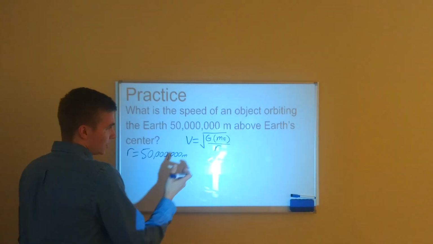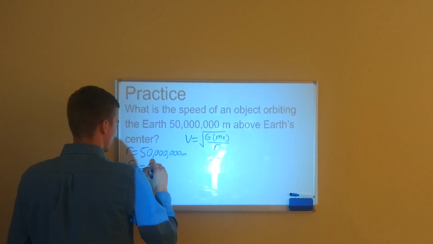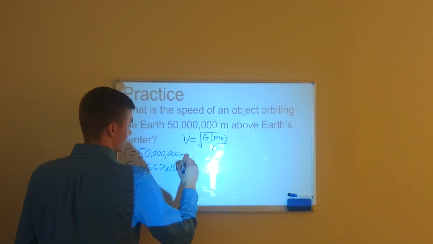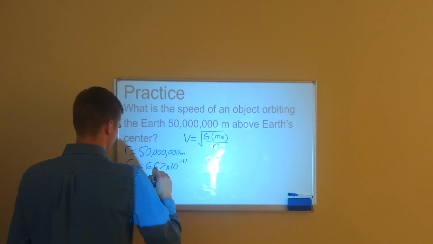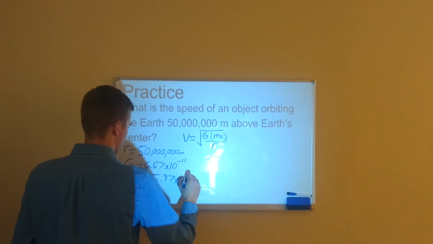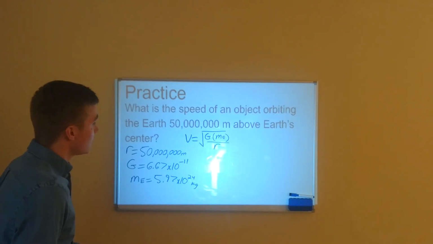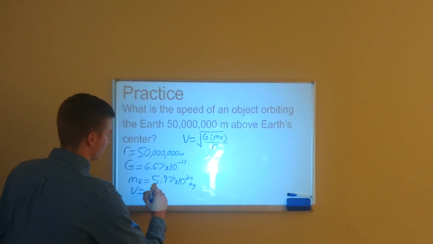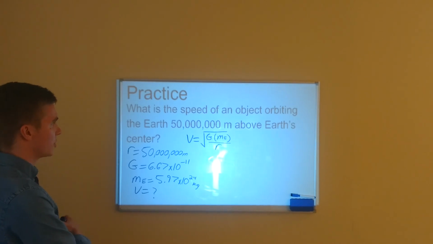The other two variables in this equation are G, which is 6.67 times 10 to the negative 11, and the mass of the Earth, which is 5.97 times 10 to the 24 kilograms. What's the other thing I'm missing? I'm searching for v, the velocity or the speed of the object that's moving through space.